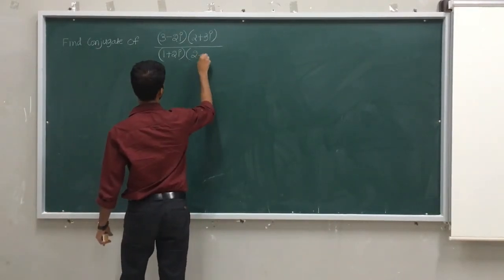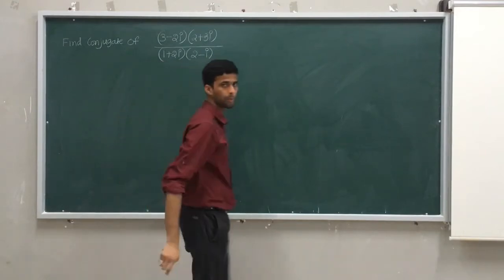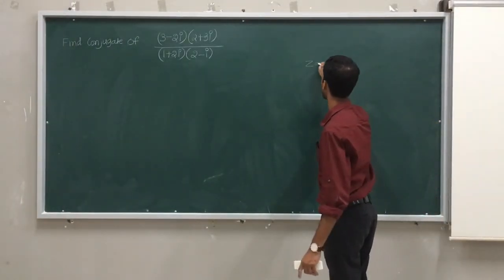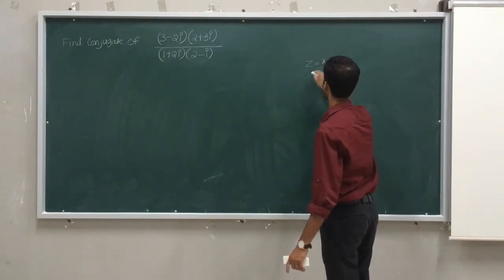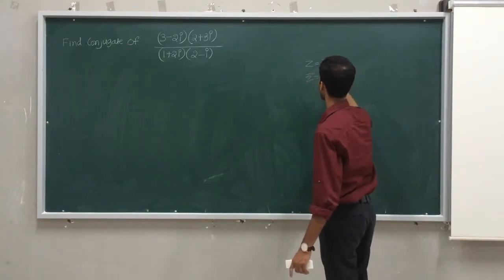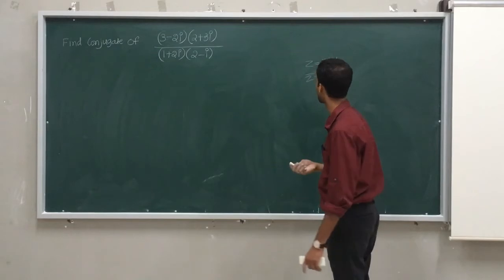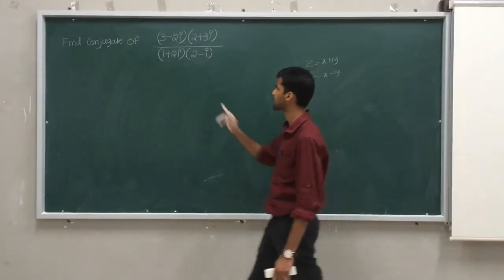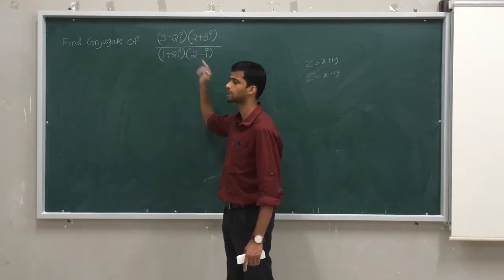So this is the question given. I want the conjugate of this complex number. What is the conjugate? If z is given as x plus iy, its conjugate z bar is x minus iy. I have simply changed the sign. But whether it is in standard form, it is a complex number.